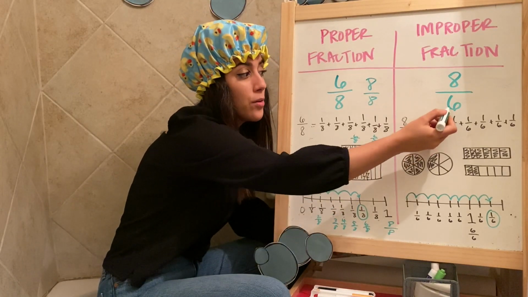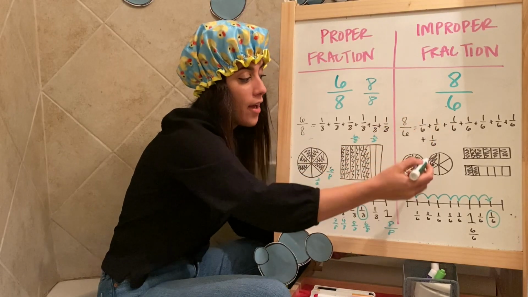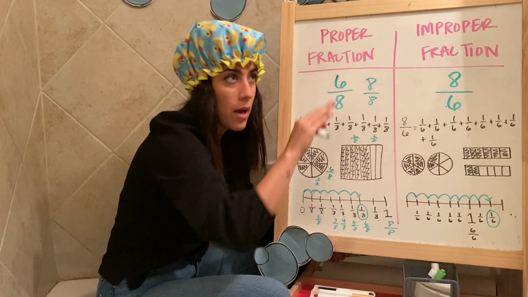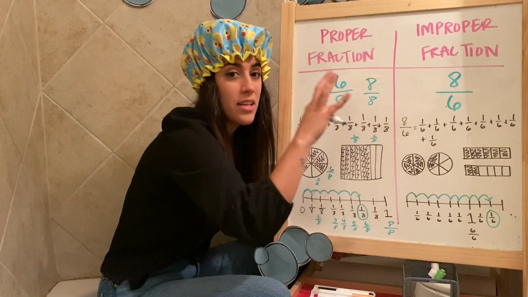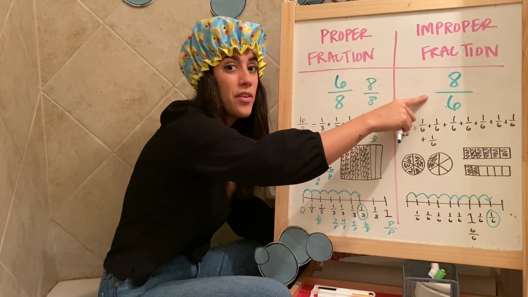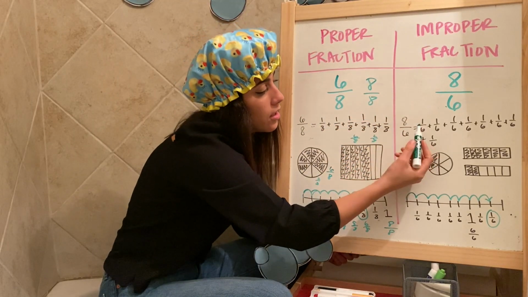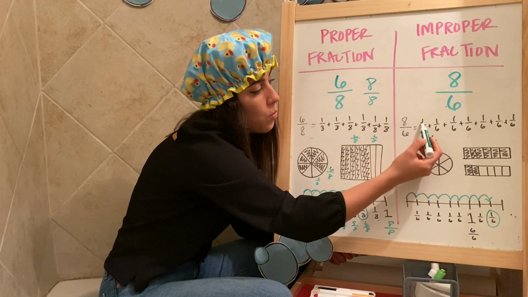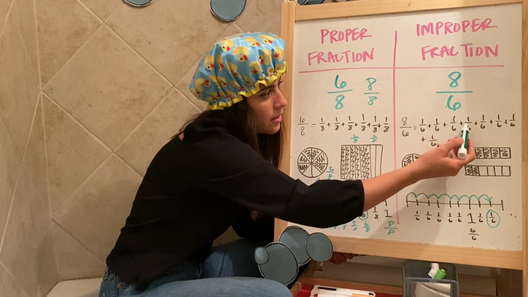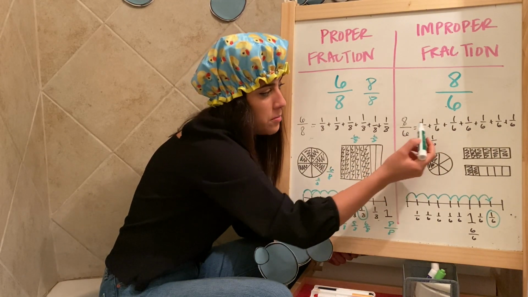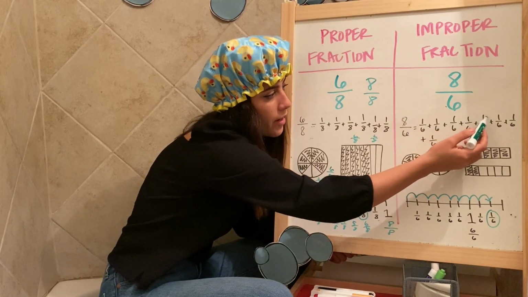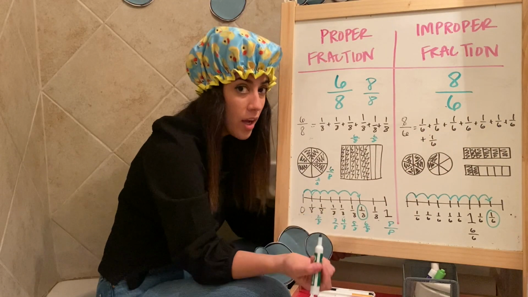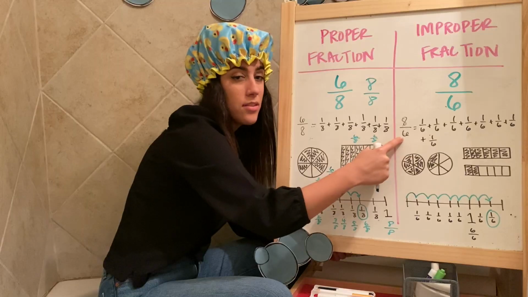I have now 6 parts. I have divided my pie or the square into 6 parts, but I have gone over, right? So here, 8 out of 6, meaning 1/6 plus 1/6 plus 1/6, all the way 8 times, because I added 1, 2, 3, 4, 5, 6, 7, 8 ones to get 8 out of 6 parts.